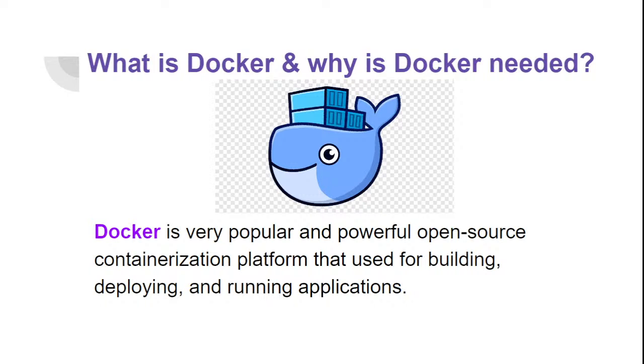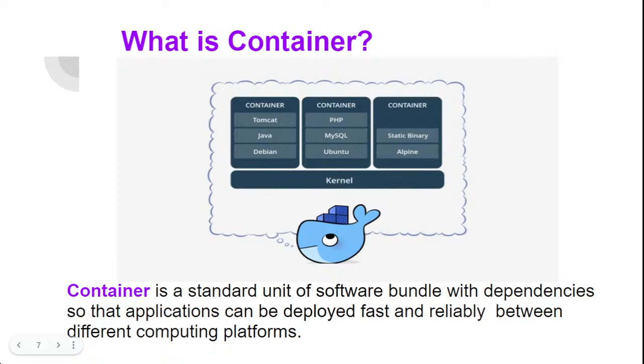Basically, it's a powerful containerization platform for building, deploying, and running applications. And a container is something that can store your application, software, project, everything. Like in the diagram, you can see MySQL.